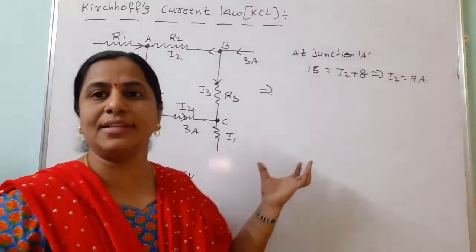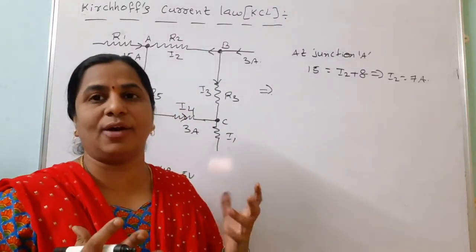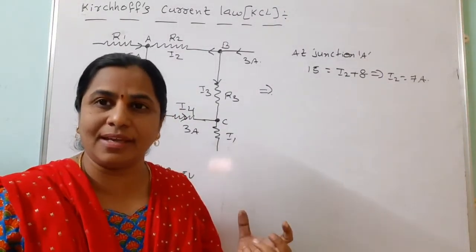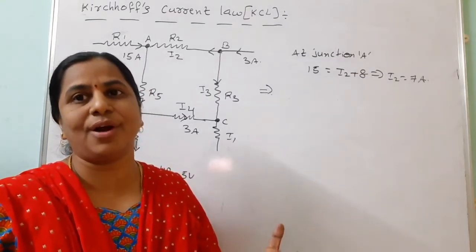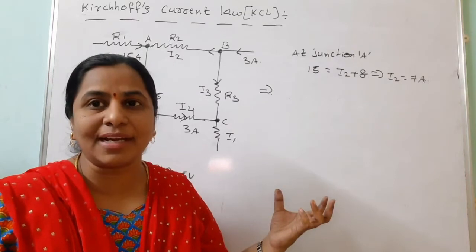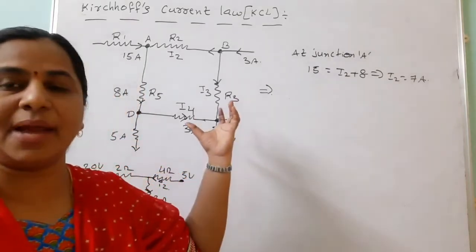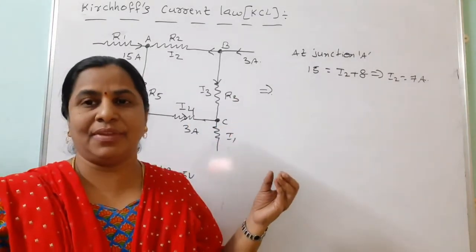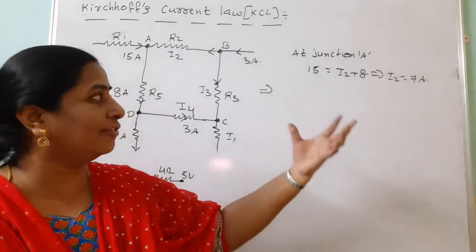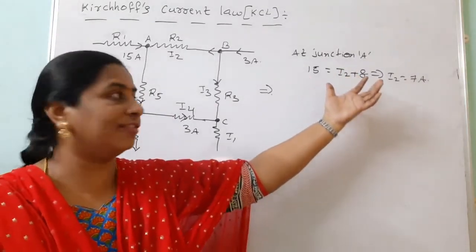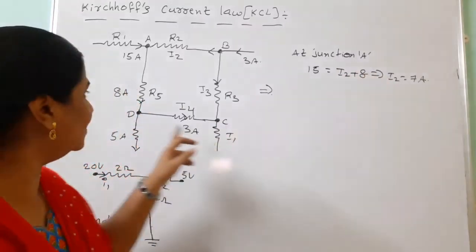When we look at this circuit, we are afraid of how to solve it. But it's very easy. We should remember that at a junction, incoming current equals outgoing current. Here the incoming current they have given is 15 amperes. Of the outgoing currents, one they have given is 8 amperes. So we can follow the first rule and find I2. Then come to this point.